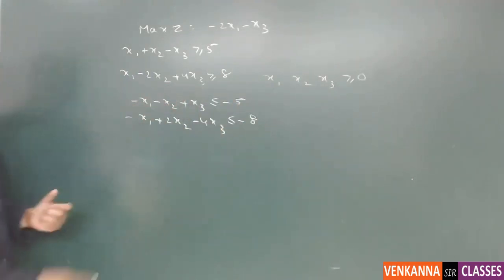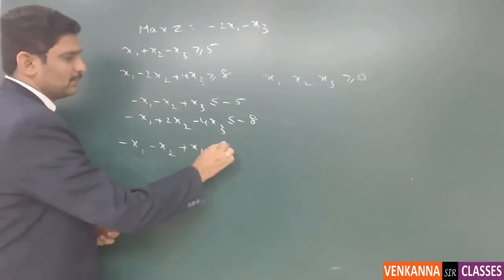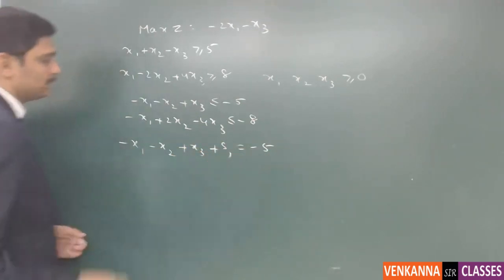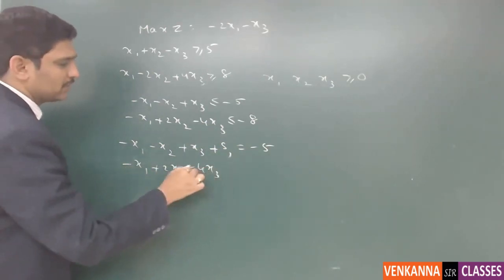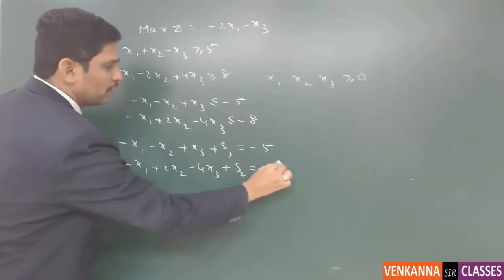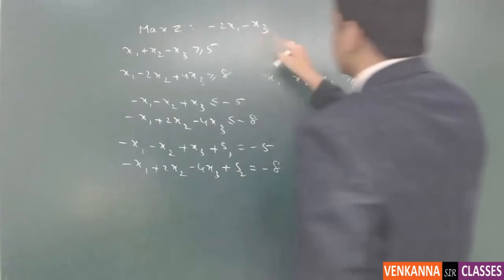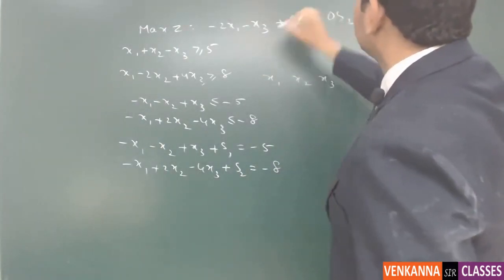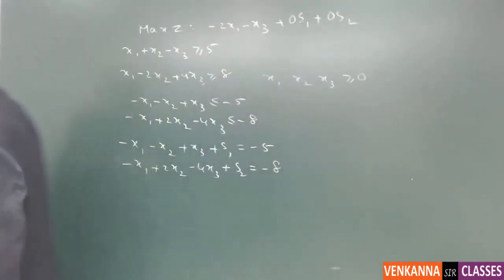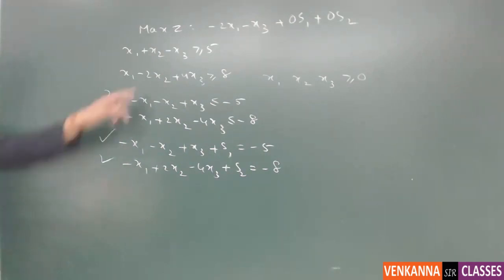So these two can be written as minus x1 minus x2 plus x3 plus s1 equals minus 5, and minus x1 plus 2x2 minus 4x3 plus s2 equals minus 8. And the objective function we take as minus 2x1 minus x3 plus 0 into s1 plus 0 into s2. You please check how these are changed from this to this.